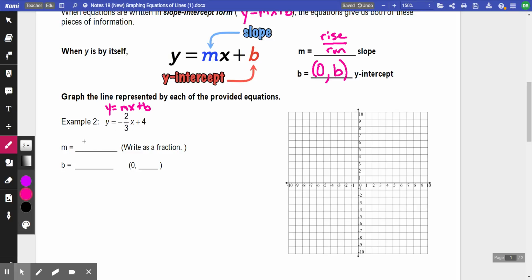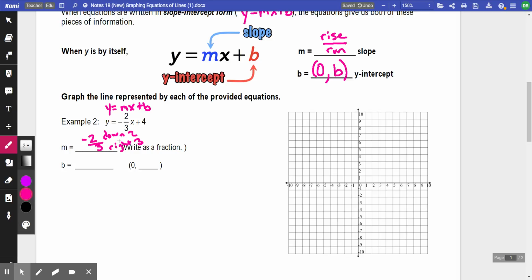So I'm going to write it as a fraction. This one already is. It's negative 2/3. I'm going to put the negative up with the numerator, but it can go on the outside or it can go down at the bottom. It means the same thing. There's one negative sign. This is negative 2/3, which means I'm going to go down 2, and the 3 on the bottom means I'm going to go to the right 3.